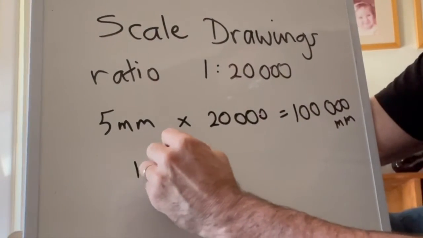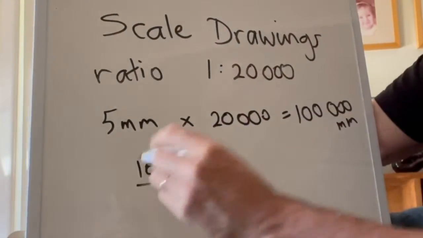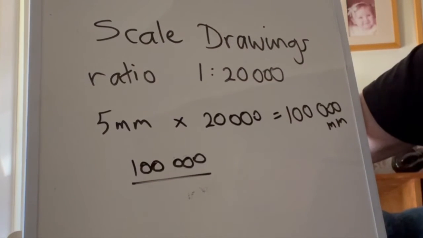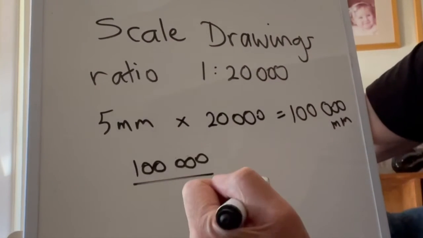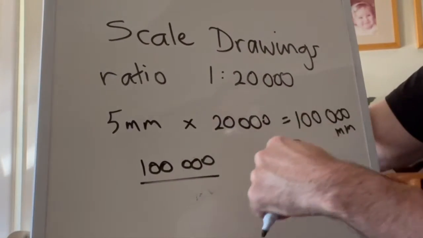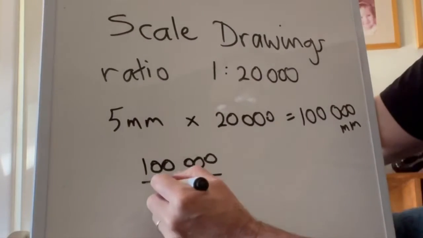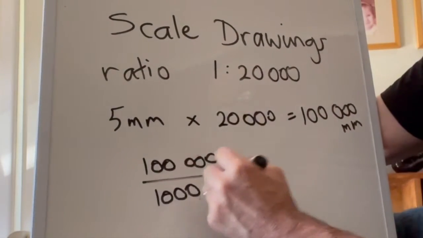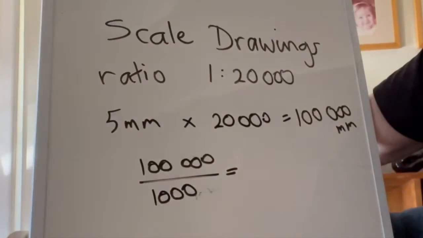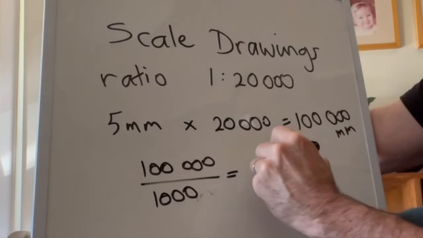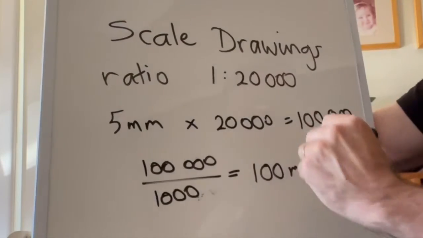In this case, we're going from millimetres to metres, so it's divide by 10 to get to centimetres, and then divide by 100, okay? So it's effectively divide by 1,000, and that will get us back to our measurement here, which would be equal to 100 metres, okay?